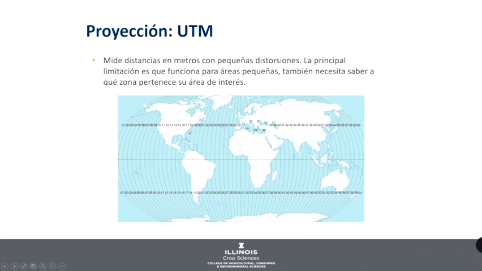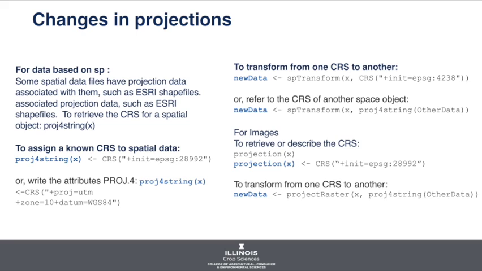So for example, in Illinois, we have north 16, but if it's in a region in Mexico, it's going to be north 14. Or if it's in South America, you can use south 20. So you have to specify that in order to do changes.